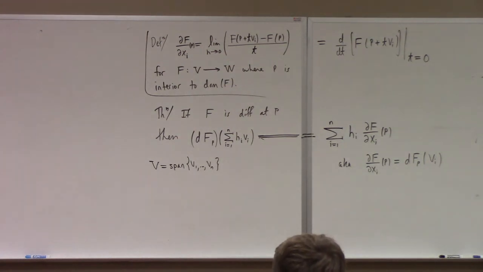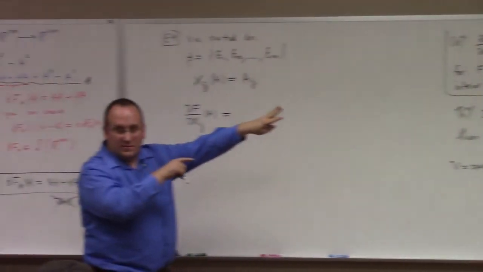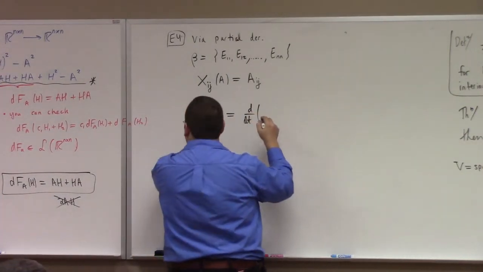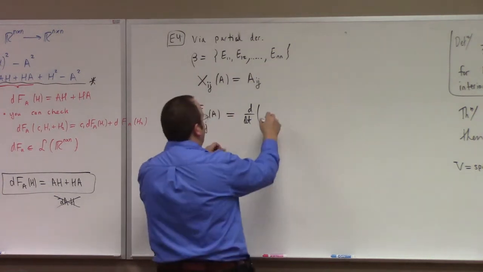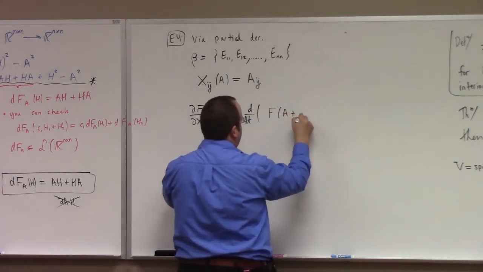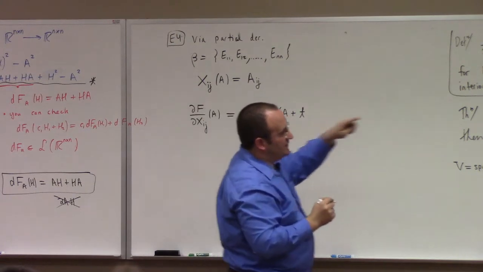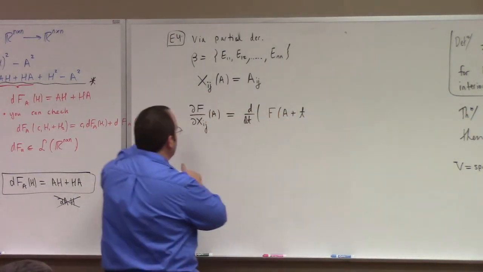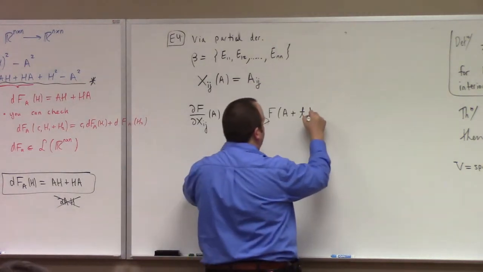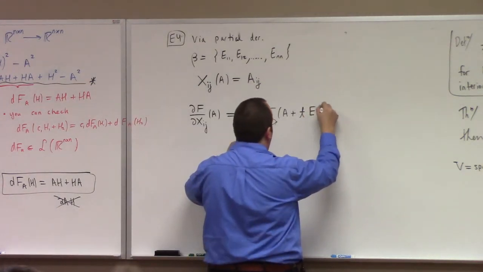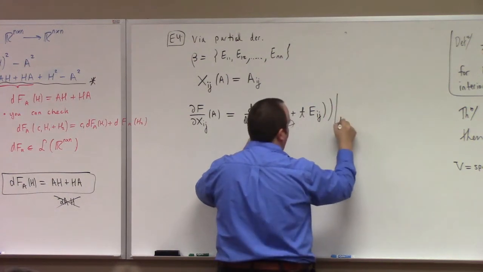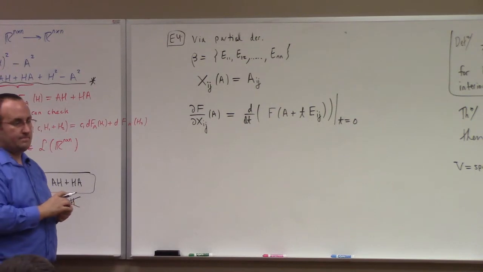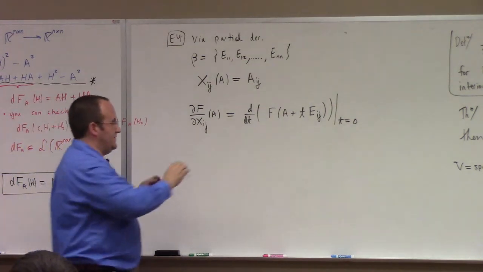Okay, so that's better. So we just have to calculate the derivative with respect to time of what? Of f of A plus t. And then the basis is not Vi here, the basis is Eij. And so what is this?